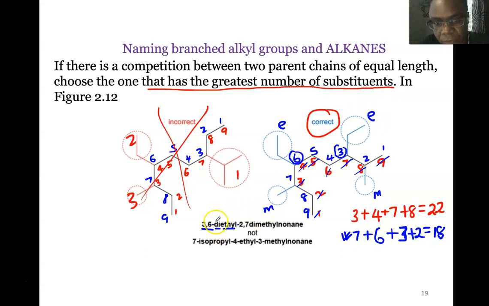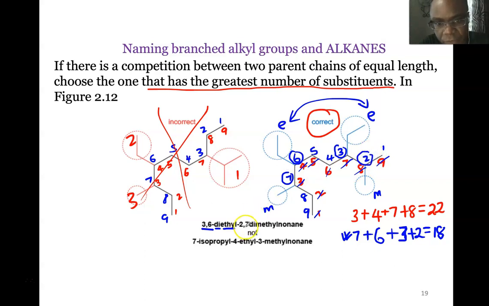So we don't compare D and M, we compare E and M, because E is the first letter of the actual name of the substituent, not D. And then, after writing 3, 6, diethyl, we use a hyphen to separate the letters from the numbers. And then the methyl is on the 7 and on the 2.